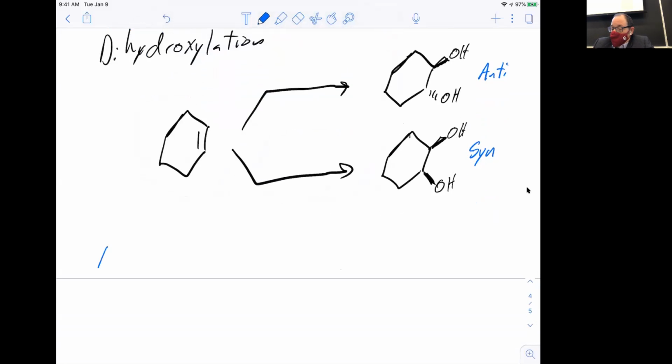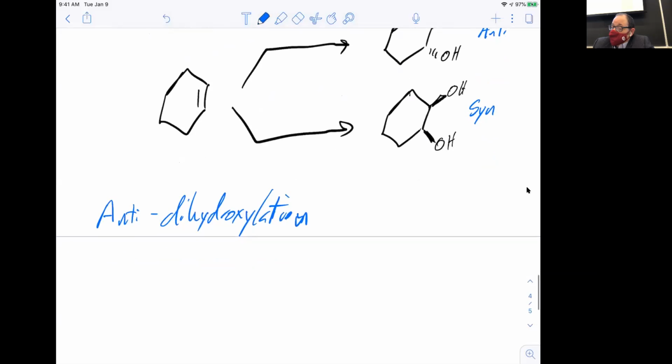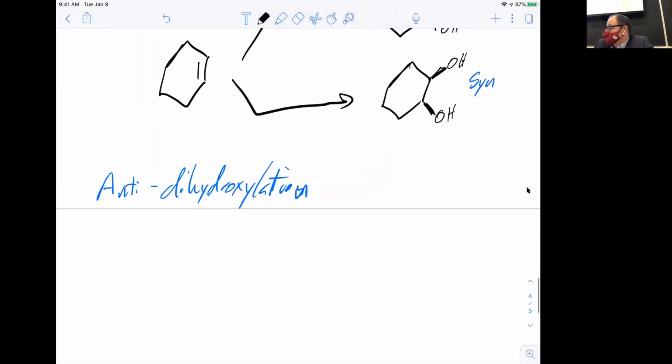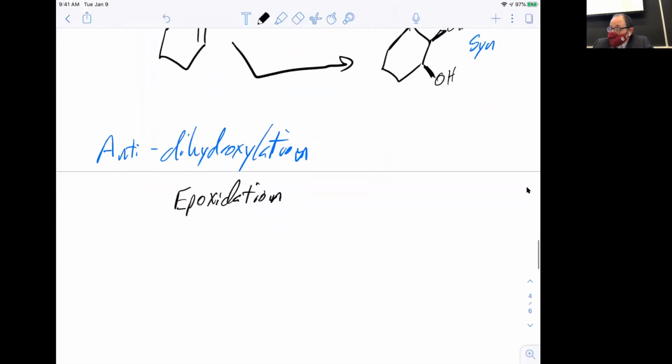Anti-addition starts with epoxidation. So anti-dihydroxylation is a two-step process. Starts with epoxidation.